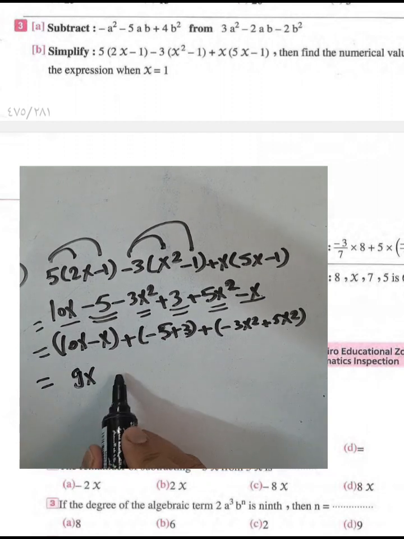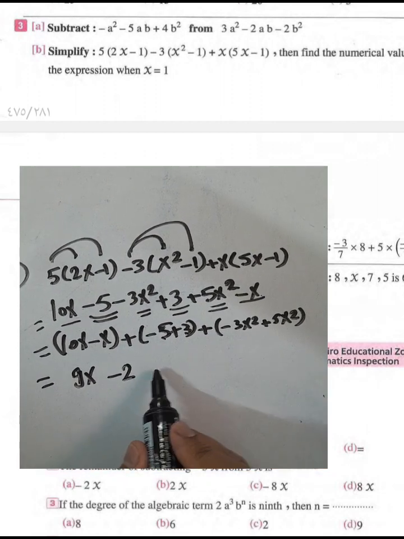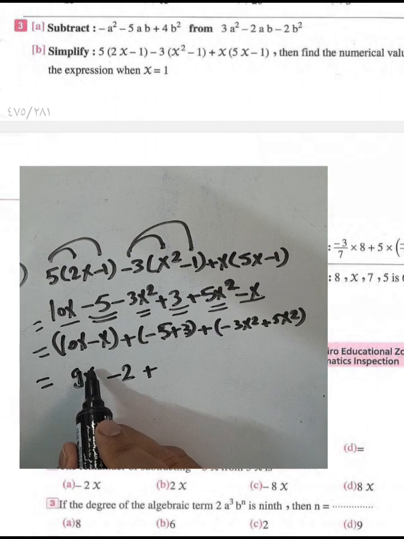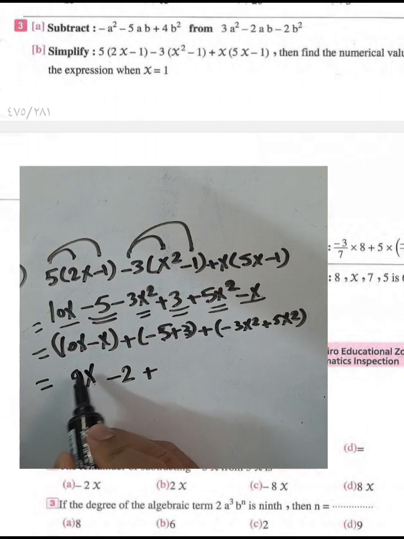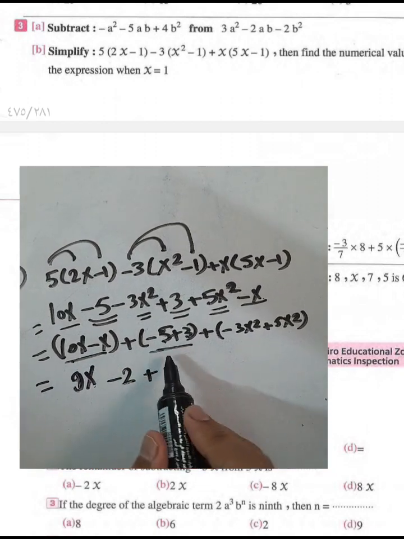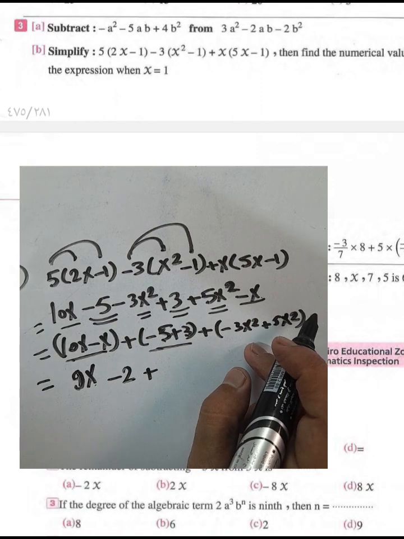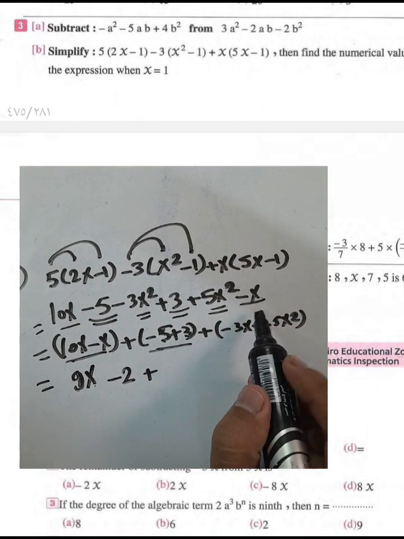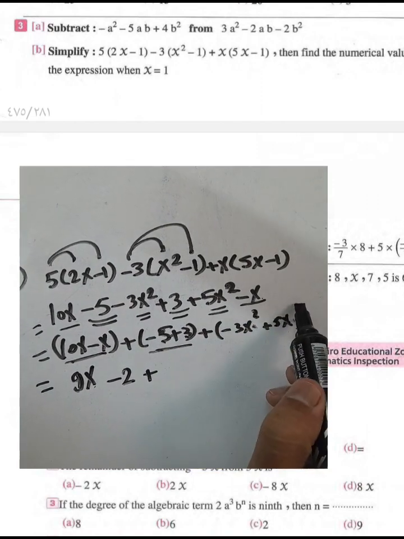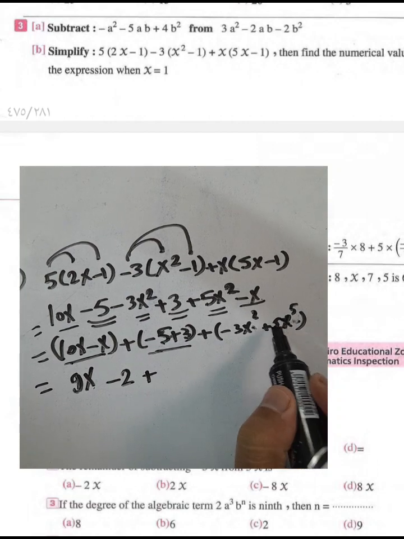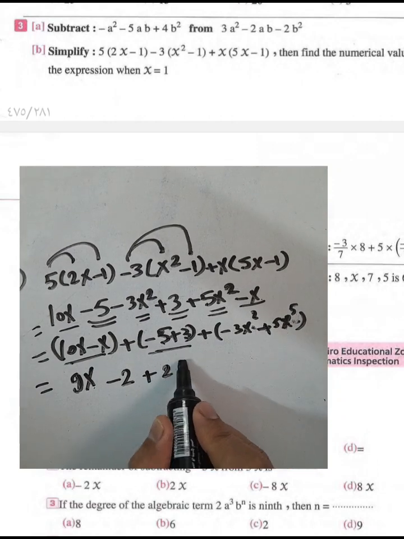Negative 5 plus 3 will be negative 2. Okay, the result here is 9x, and here negative 2, and here we have negative 3x power 2 and 5x power 2. We must add them. The result will be 2x power 2.